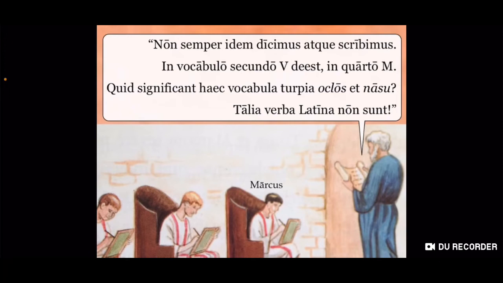In vocabulo secundo u deest et in quarto m. And in your second word, u is missing, and in the fourth, m. Quid significant haec vocabula turpia hoc los et nasu? What is the meaning of those ugly words, hoc los and nasu?